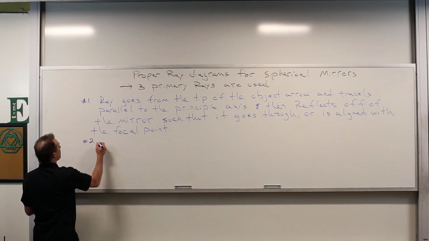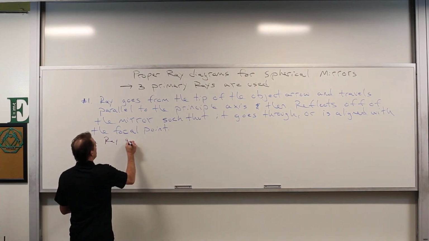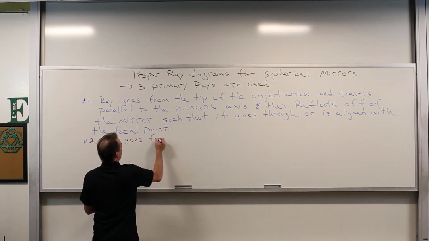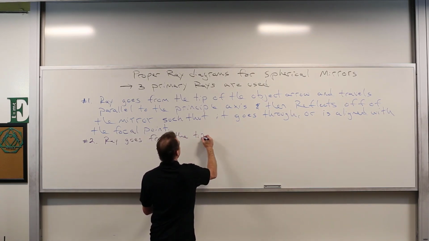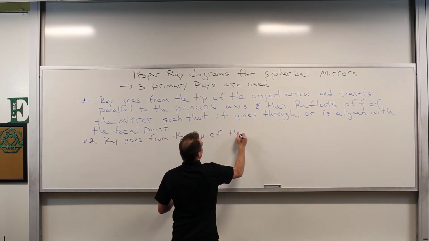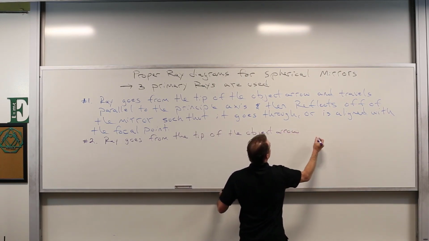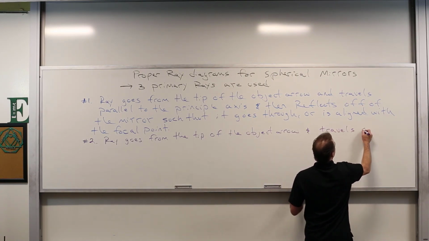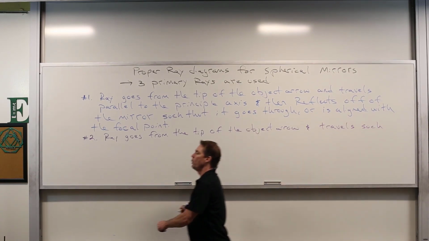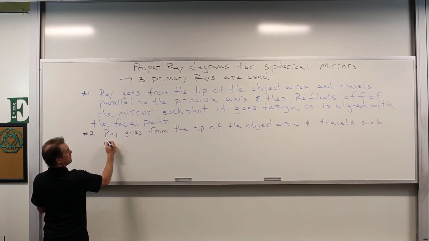So, number two. The ray goes from the tip of the object arrow and travels such that it goes through or is aligned with the center of curvature.